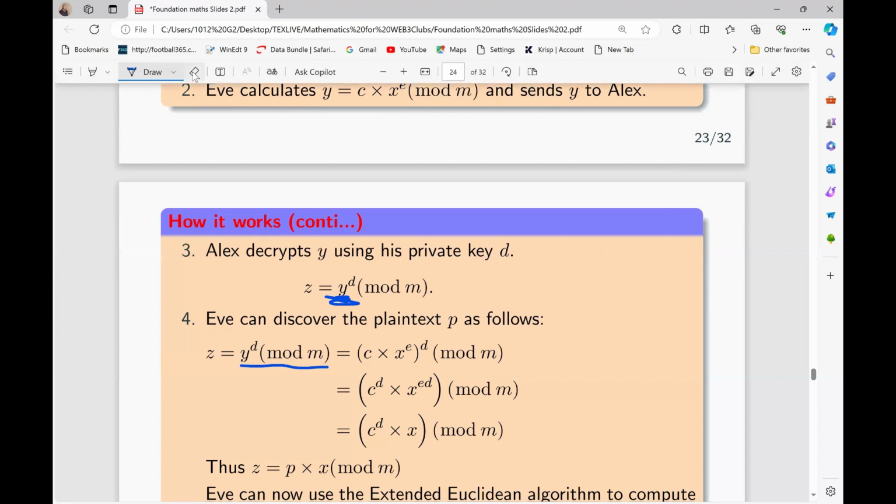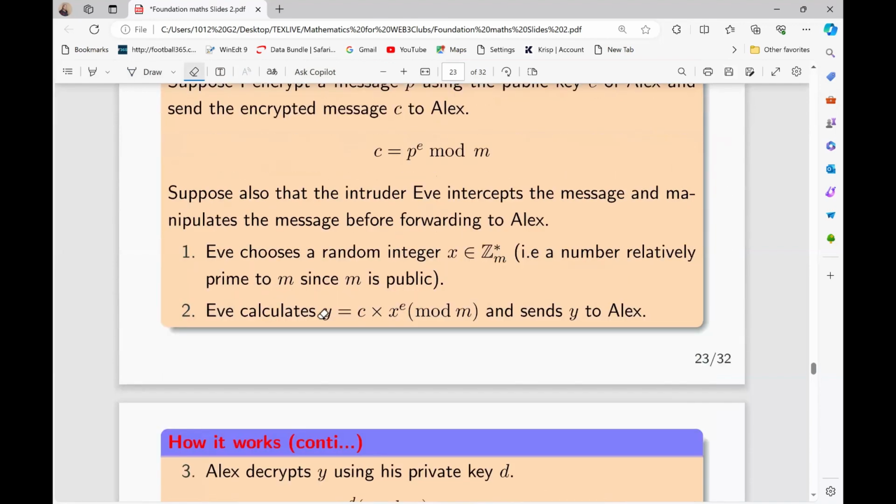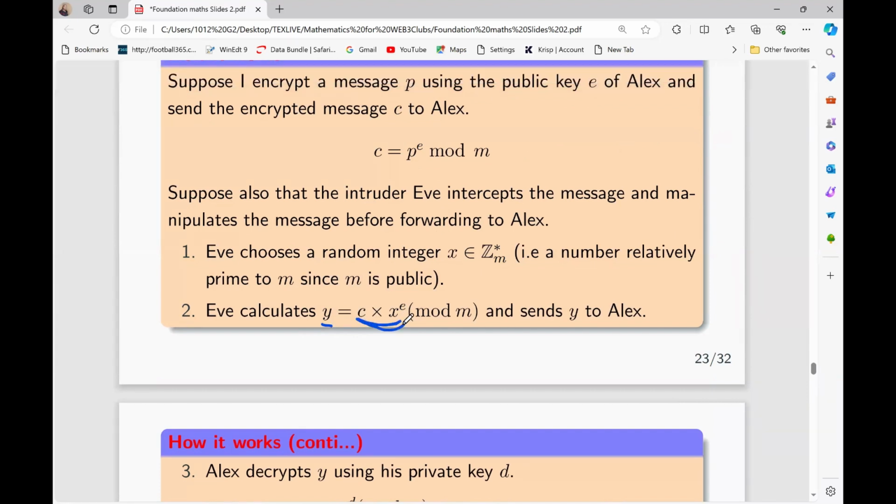Did Y come from me or from the intruder? Alex thought that Y had come from me, but Y was coming from the intruder. Y is C multiplied by X raised to E, but C is the one which was coming from me, and it's P raised to E.